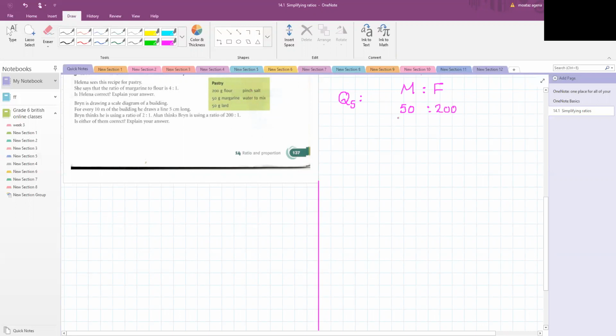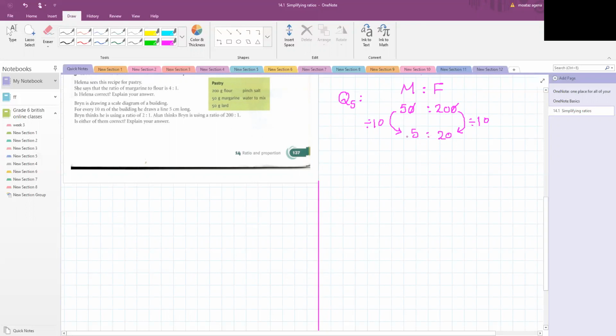So we have to simplify this ratio, find the ratio in simplest form, to check if she is correct or not. So we will cancel 0 with 0. It means that we divide by 10. So 5 to 20.